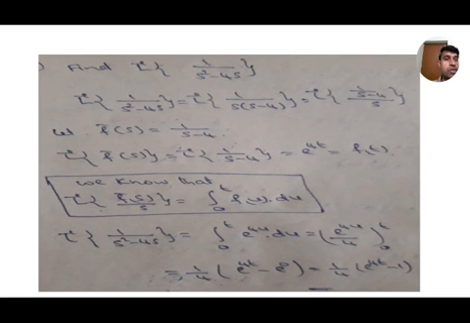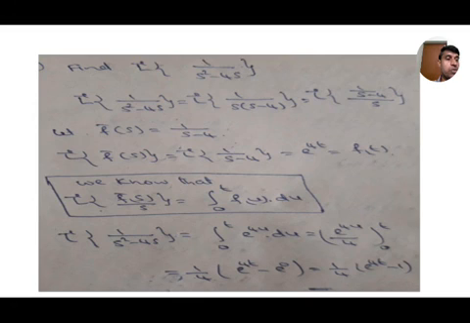So L inverse of f bar s equals L inverse of 1 by s minus 4, that is e to the power of 4t, equal to f of t. And we know the formula L inverse of f bar s by s equals integration 0 to t f of u du, that is L inverse of 1 by s square minus 4s equals integration 0 to t e to the power of 4u du. The integration of e to the power of 4u is e to the power of 4u by 4, from 0 to t.